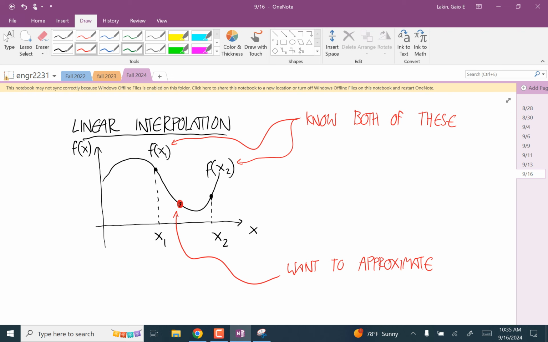The way we're going to do that is assume that this function is linear between these two values, and this is going to be our approximated value. Obviously, the function I chose makes for a pretty bad approximation, it looks like. But that's the idea we're going to use.